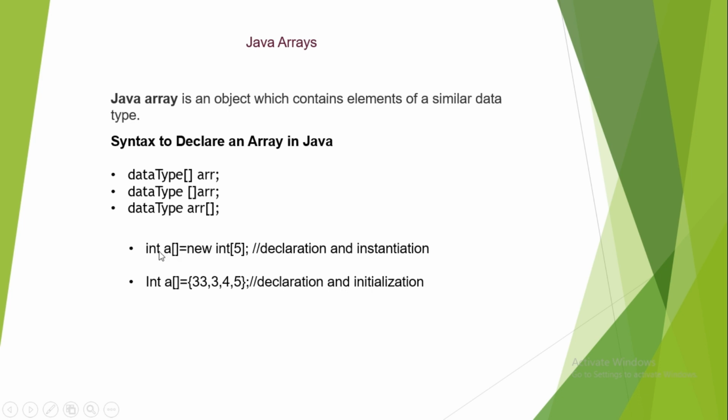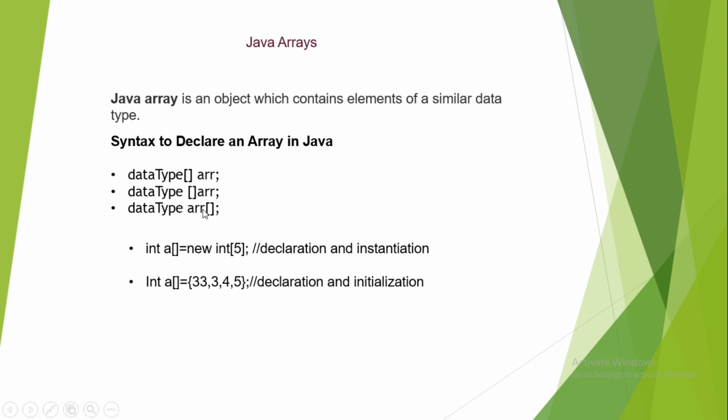That means variable a is of type array and it can store 5 elements. Or another way is int a equal to 3 3 4 5, like this. Here we created the array variable and also assigned the values. That means declaration as well as initialization. So these are the different ways to create arrays.